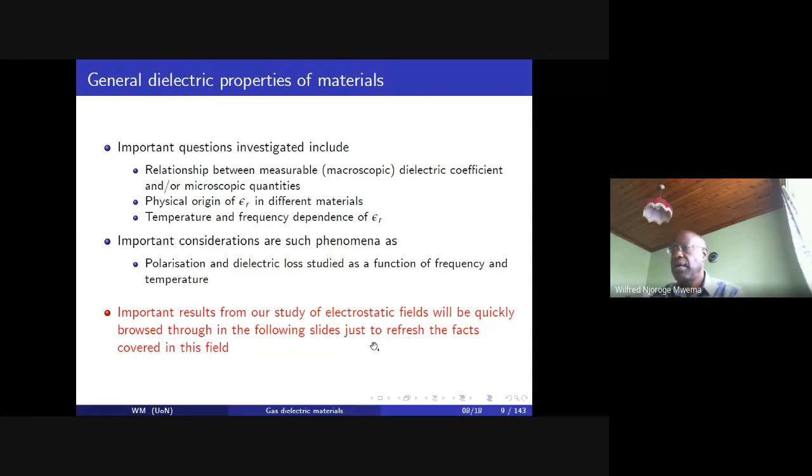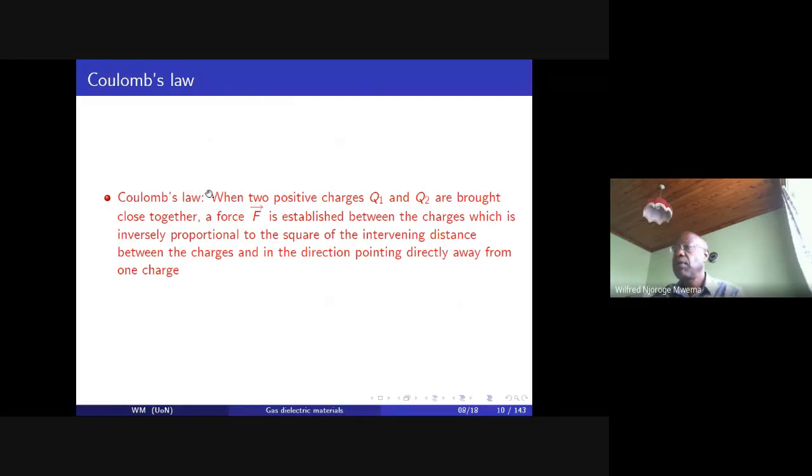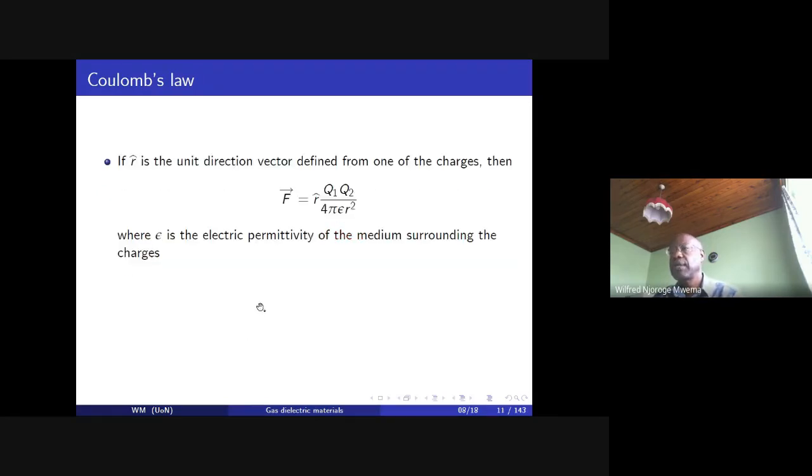The important results from a study of electric fields will be quickly browsed through in the following slides, just to refresh. And these are Coulomb's law, which states that when two positive charges Q1 and Q2 are brought together, a force F is established between the charges, which is inversely proportional to the square of the intervening distance between the charges. And it will always be in a direction pointing directly away from one of the charges. So if R cap is the unit direction vector defined from one of the charges, then F will be given by R cap Q1 Q2 over 4 pi epsilon R squared, where epsilon is the electric permittivity of the medium surrounding these charges.